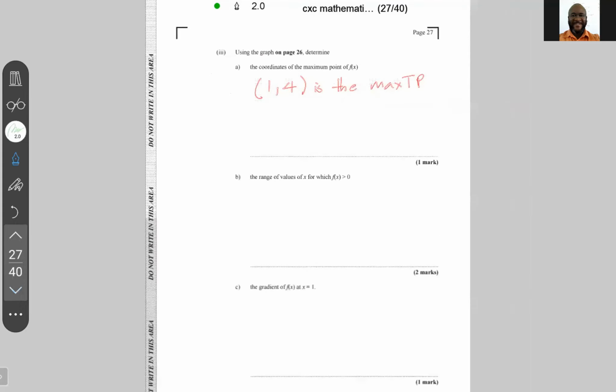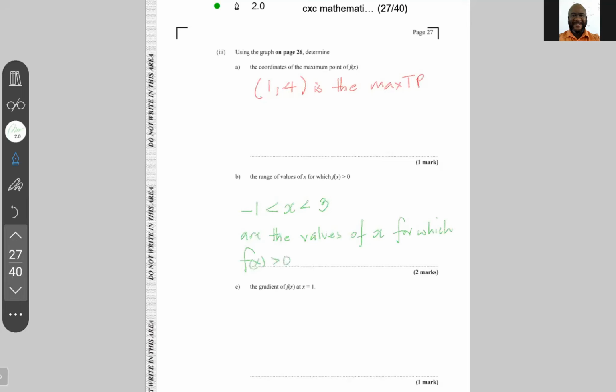So the answer to this question is x is less than 3 but greater than -1 are the values of x for which f of x is greater than 0.